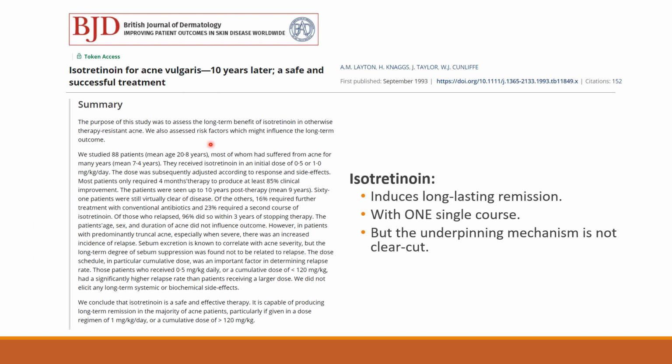But of course, I don't expect you guys to memorize the findings of this study, but do note a few key points here. Firstly, treatment with isotretinoin can result in long-lasting clearing of acne lesions. Secondly, in some genetically blessed patients, only one course was sufficient.